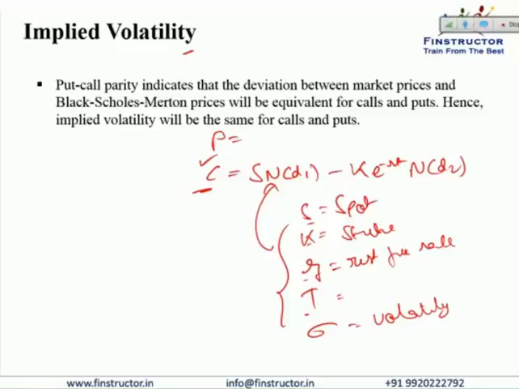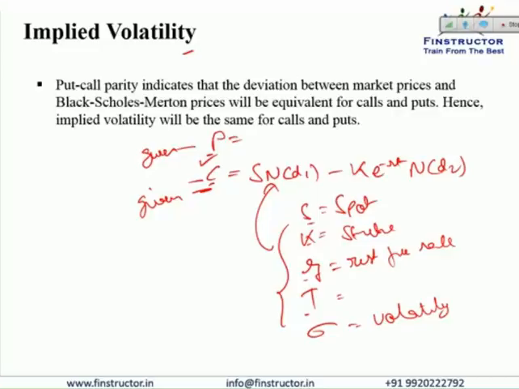Now let's say that we were given the price of the call option and the price of the put option. So they are trading in the market. The premium or the value of a call option is known. The premium or the value of a put option is also known.